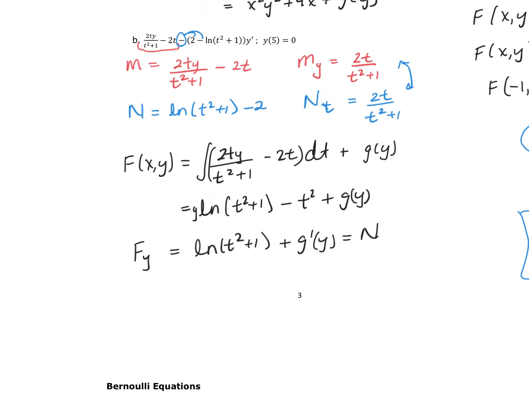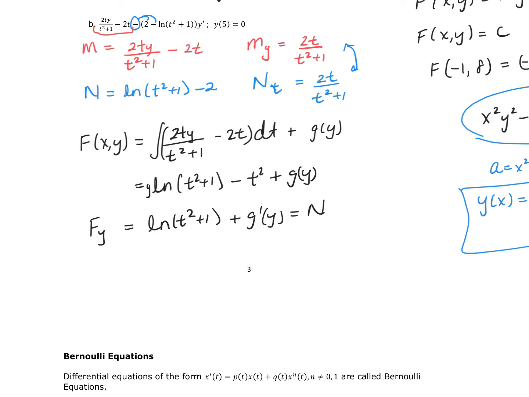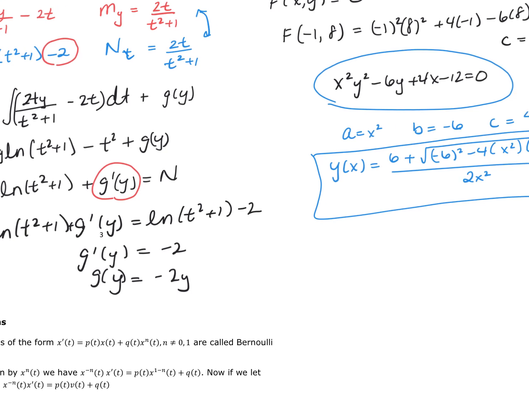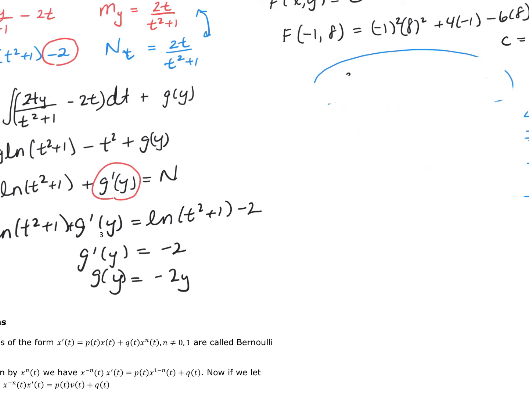Now, if we take a look at what n was, that tells me this g prime of y must be, because we know that the natural log of t squared plus 1 plus g prime of y must be equal to the natural log of t squared plus 1 minus 2. That means g prime of y must equal -2. That means g of y, when I integrate it, must be equal to -2y.